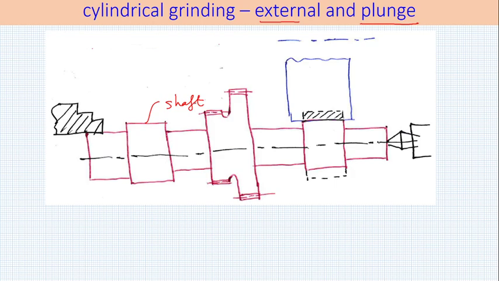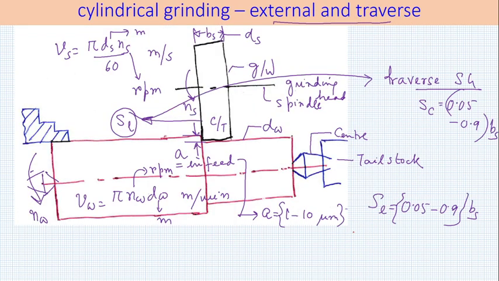Sir, in the last cylindrical grinding, are both the work spindle and the wheel rotated by motors? Yes. The grinding head has a motor, a separate motor. This NW comes from a separate motor. These two motors are separate. There is no need for synchronized motion between them.